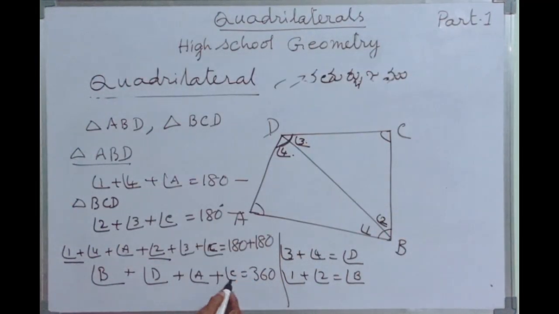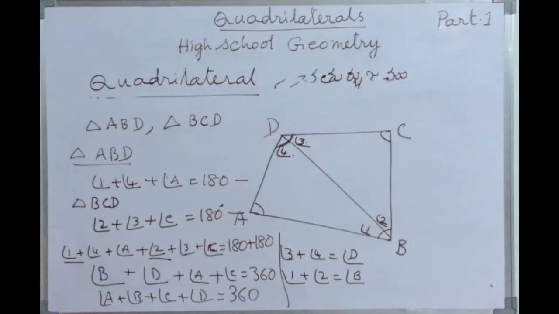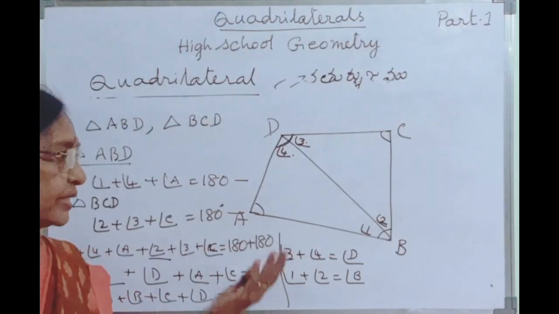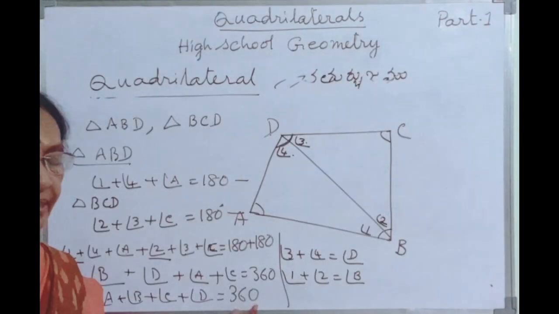So angle A plus angle B plus angle C plus angle D is equal to 360. So the sum of the angles of a quadrilateral is equal to 360 degrees. Thus, we have proved that the sum of the angles of a quadrilateral is equal to 360 degrees.